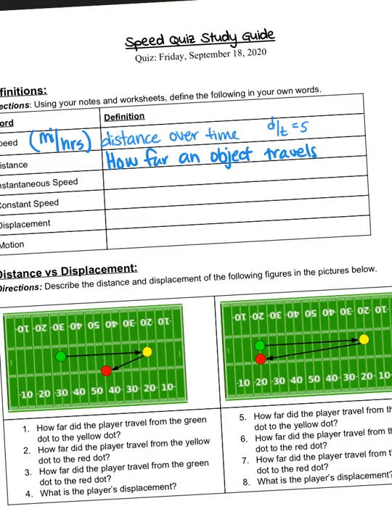With distance, Jacob, I want you focusing up here, okay? With distance, we use meters or kilometers, miles, right? Instantaneous speed. Allie, what do you have? It's the speed at a specific point in time.